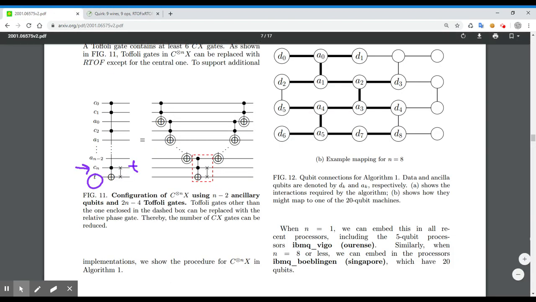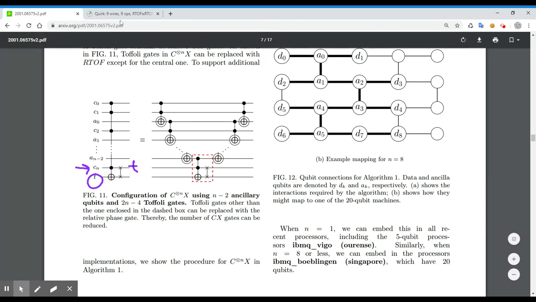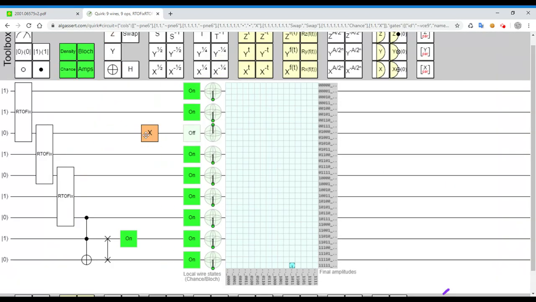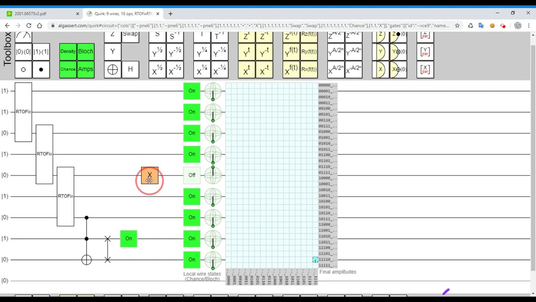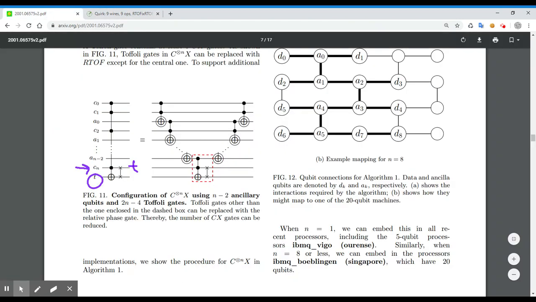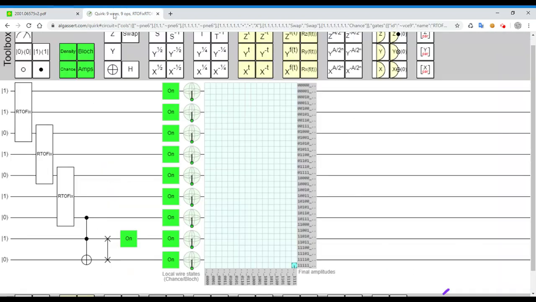That's the question. If I don't care about the ancillary qubits, still, I don't know. So that's kind of one question. Do I really need to uncompute? Because it seems to work.